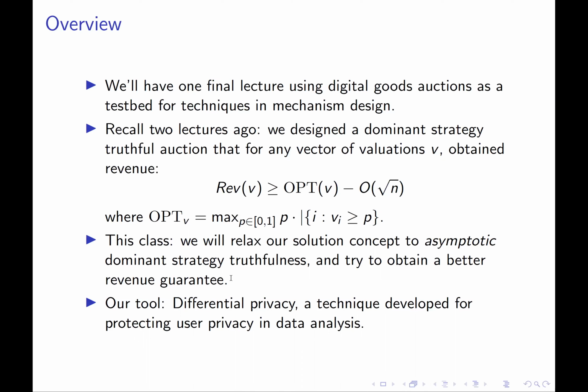And the difference between the real world and the idealized world corresponds exactly to the difference that you can affect as a single bidder in an auction, basically a unilateral deviation. And that's going to be the root of the connection between differential privacy and game theory.